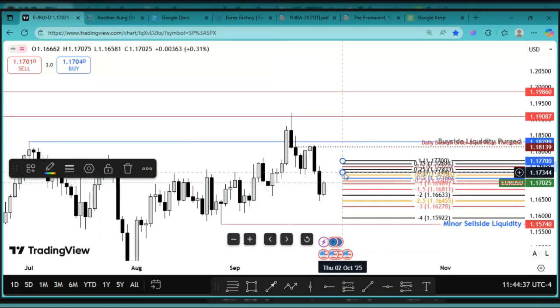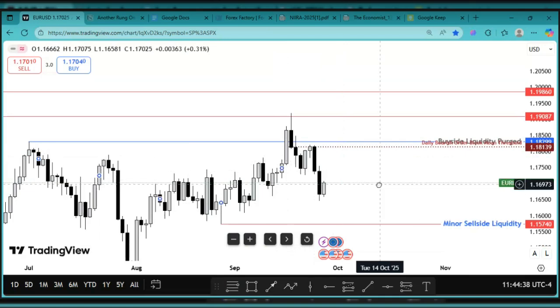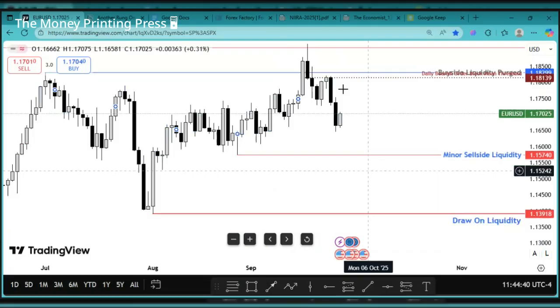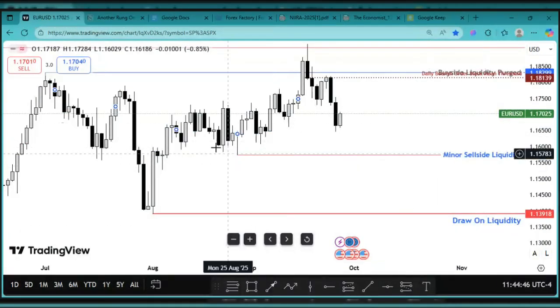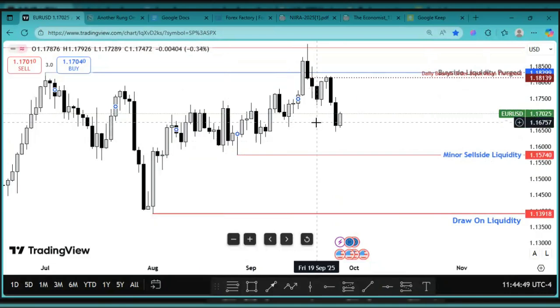So on EurUsd, I was anticipating price to trade lower, trading to minor sell side liquidity. That's clear, all these lows. Now see what price did. This is Friday of last week, or the week before last. Now Monday, price opened, traded higher, and some people would have thought that okay, we are going higher for the week.